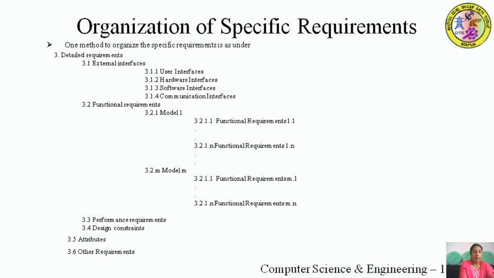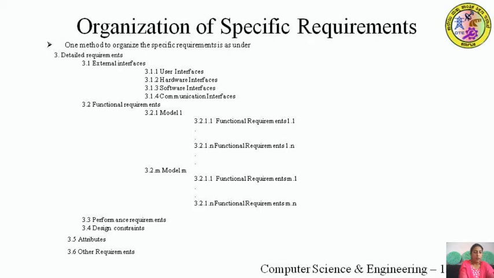In hardware interfaces, the logical characteristics of each interface between the software and hardware on which the software can run are specified. Hardware assumptions, if any, are also specified. This also mentions the communication interfaces to be used.